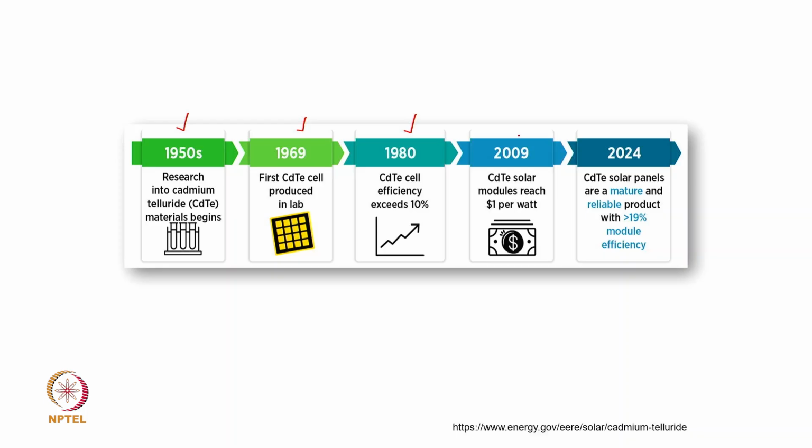If you come to 2009, the CdTe solar cell reached, this is what I mentioned, the cost of $1 per watt. So, that means it is industrially viable. And in 2024, where we are now, it has a module efficiency of 19% or higher.